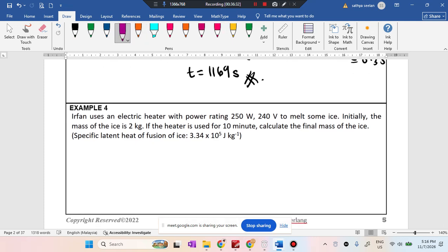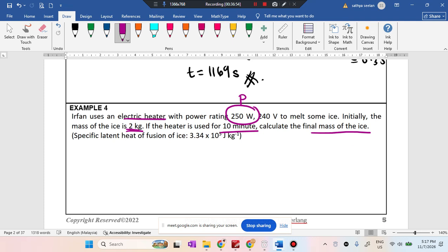Question 4. Irfan use electric heater lagi. Okay. This is your power. To melt some ice. So fusion. Initially, the mass of ice is 2 kg. If the heater used for 10 minutes, calculate the final mass of the ice.